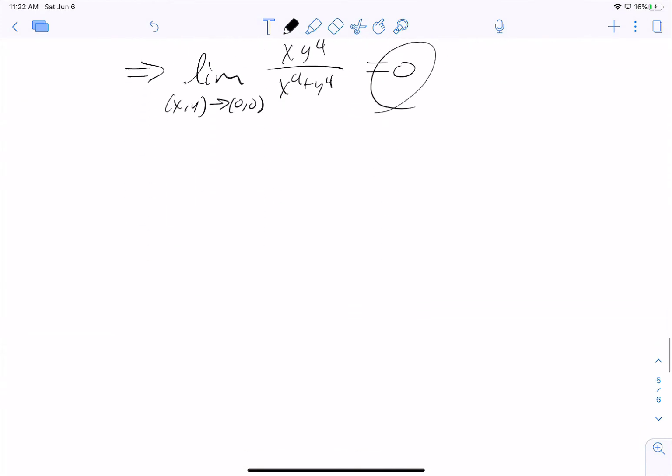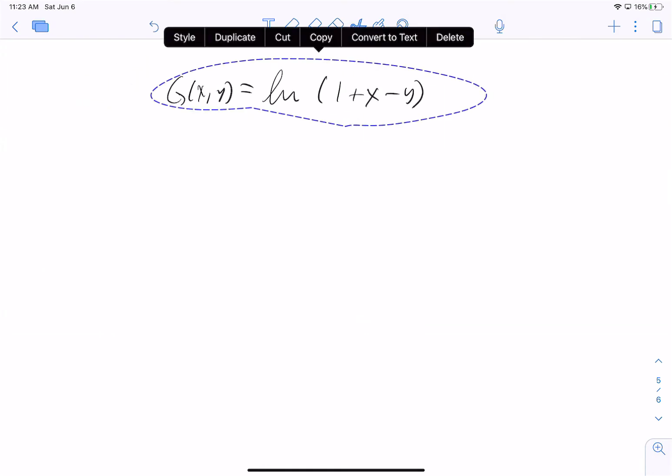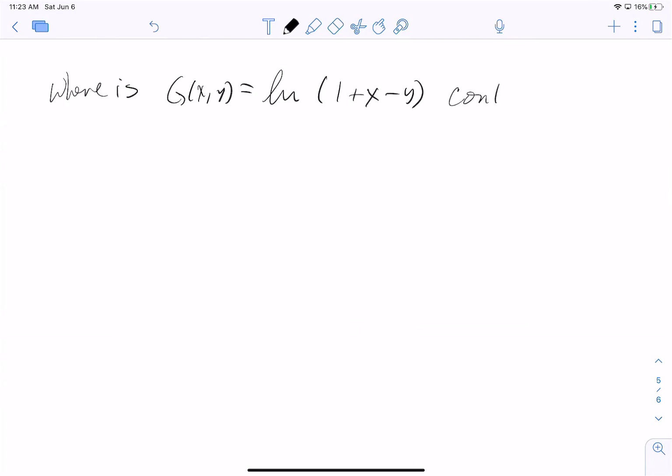Now the name of this section is Limits and Continuity. We're going to look now at a function g of (x,y) equal to the natural log of 1 plus x minus y. And we would actually like to know, where is this function continuous? Logarithmic functions are continuous on their domain, and so we consider the domain of this logarithmic function.